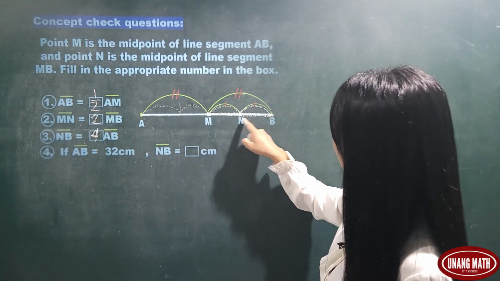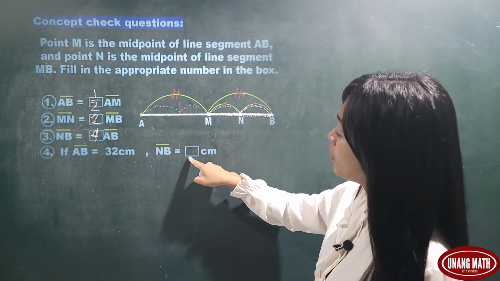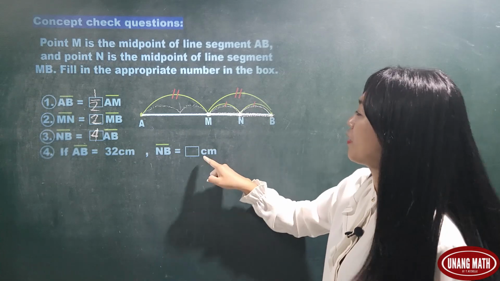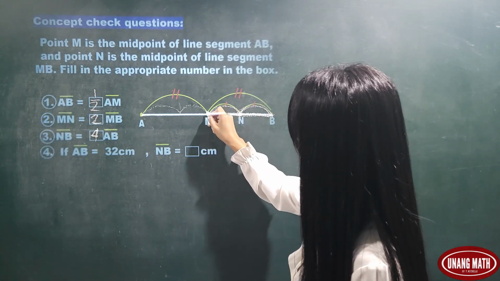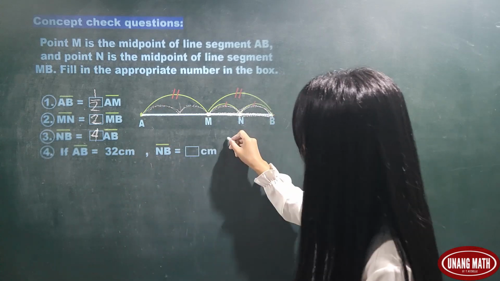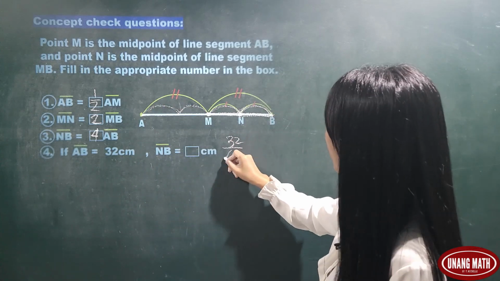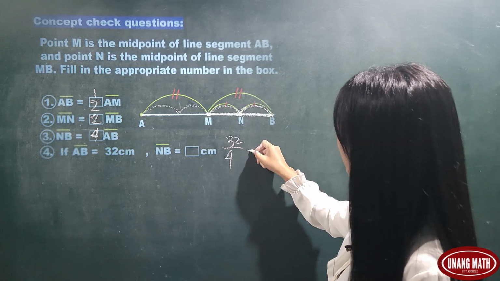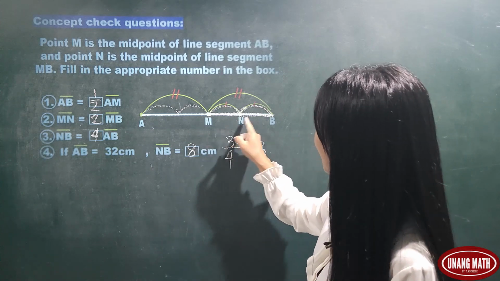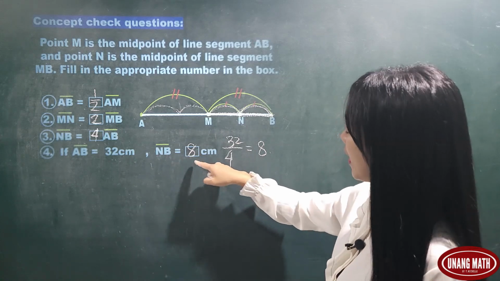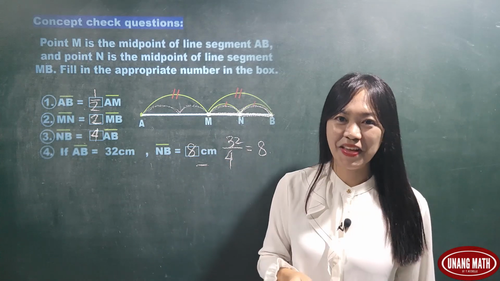So NB is equal to how many centimeters? This is 1, 2, 3, 4. So 32 over 4, or 32 divided by 4, is equal to 8. So that means line segment NB is 8 centimeters.